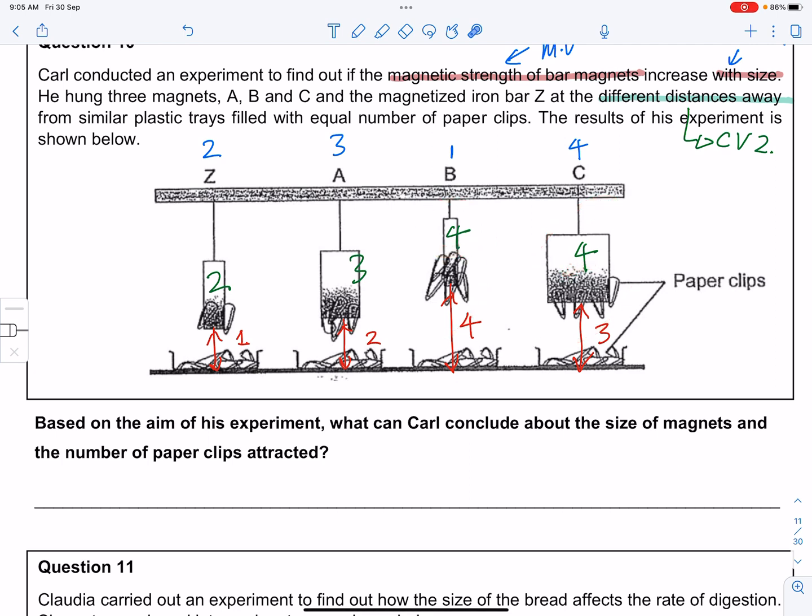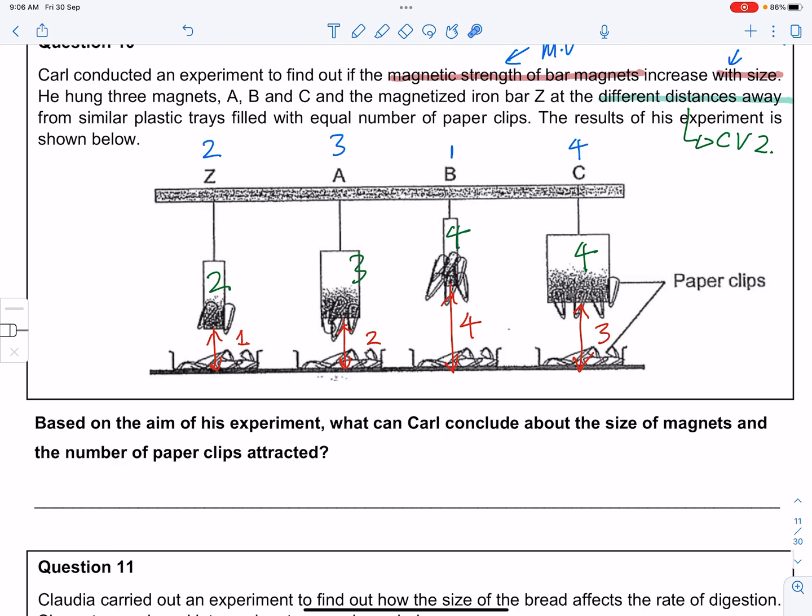What's even more surprising is that the smallest is able to attract equal number at a greater distance. Whereas the other two also is not very conclusive. If size did matter, you would see a trend, but you don't see any trend here. Nothing at all.